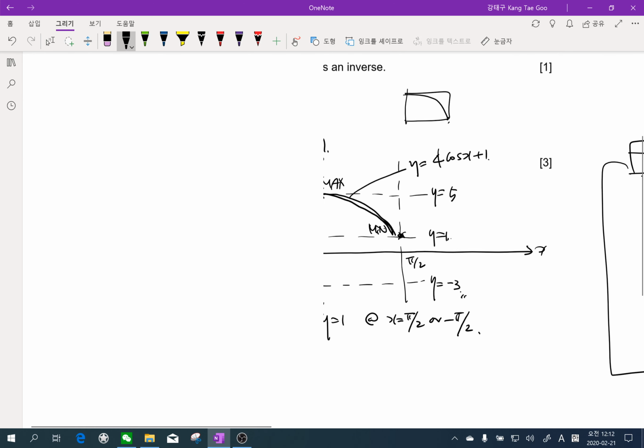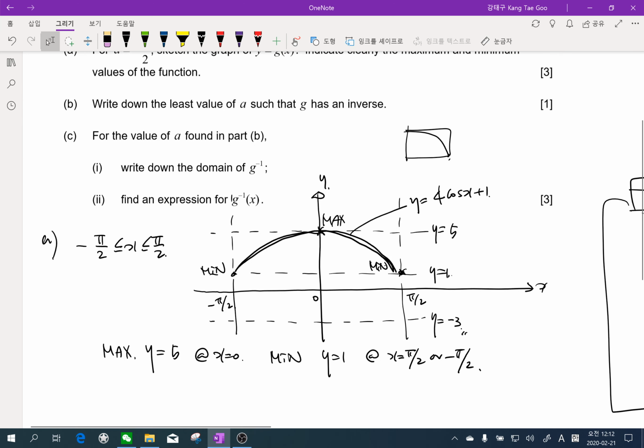So then, what is this question? Okay, this question is about the least value of a such that g has an inverse function. Yeah, it must start from here and go up to there, so that it is only the one-to-one function, right?